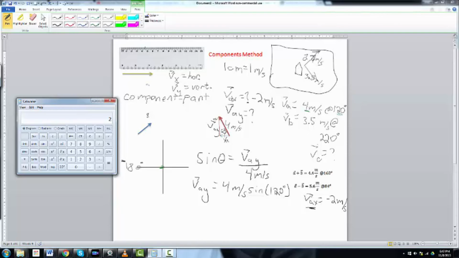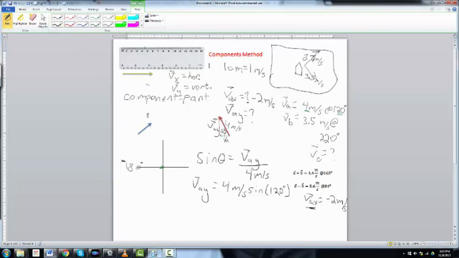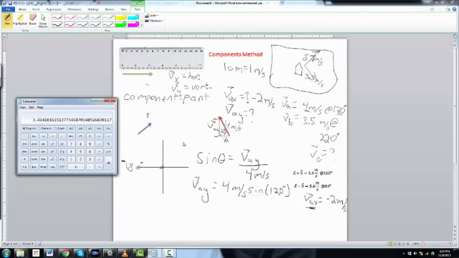So if I use 120, VAY becomes, let's do this, clear this out, 120 times sine, okay, that looks nice and messy, times 4, gives me that. So what is that? That is 3.4. Let's round it and be nice.